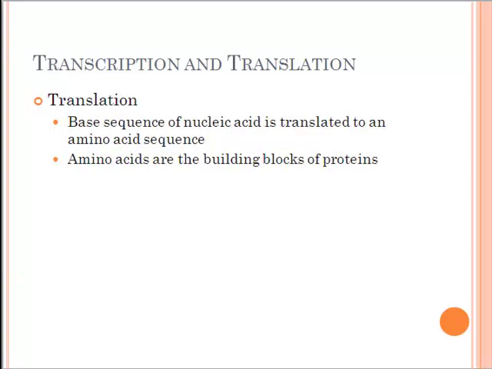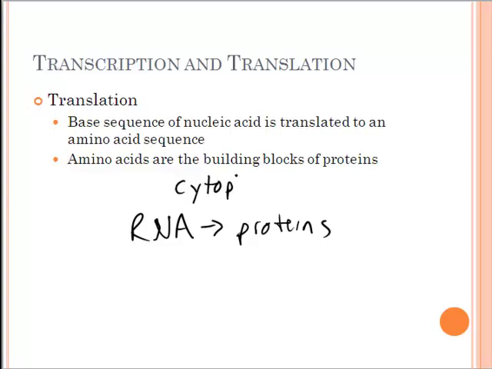Translation is the process of going from RNA to proteins. And this happens in the cytoplasm at the ribosomes. So let's look briefly at a picture here at how this happens.